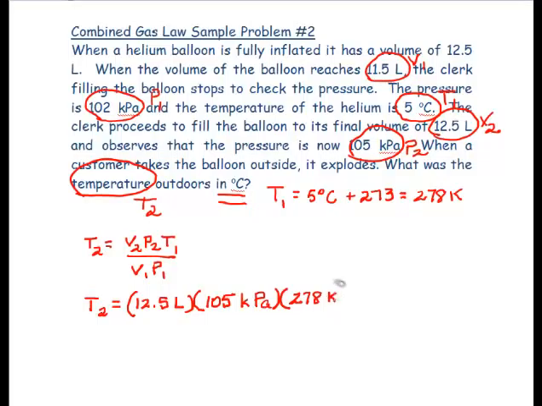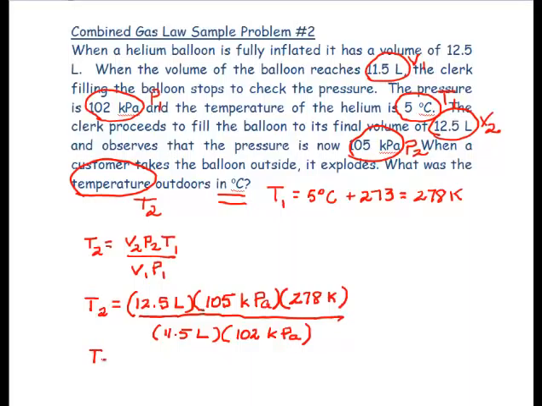Be careful where you substitute your temperatures. That completes my numerator. Let's go to the denominator. The initial volume, when our conditions were first checked, 11.5 liters. And the initial pressure, 102 kilopascals. Time to get out our calculators, do a little plugging and chugging.